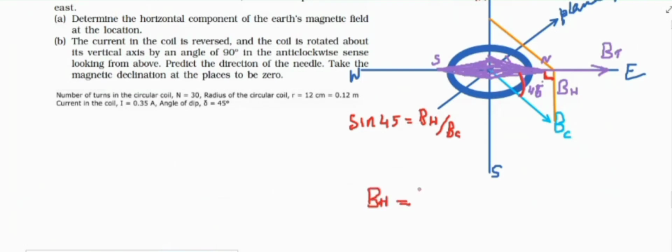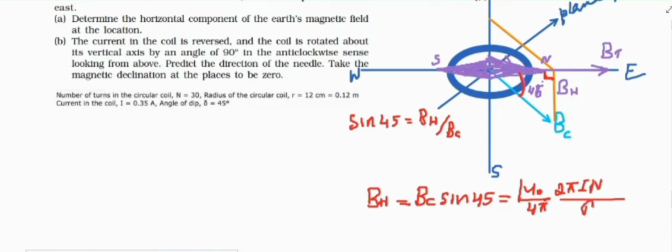BH is equal to BC sine 45, where BC is the magnetic field at the center of a circular coil, mu naught by 4 pi, 2 pi I n upon r, into sine 45. This will give you the value of BH.